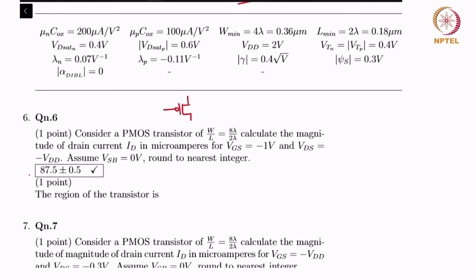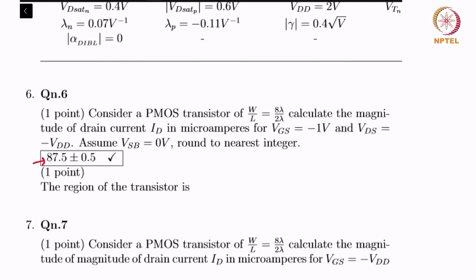So if you had plus or minus this answer, you will be awarded marks accordingly. So IDS or ISD, it doesn't matter whatever direction you've taken, you will be given the correct answer as long as your magnitude is correct. So questions were solved with magnitude of drain current in mind.